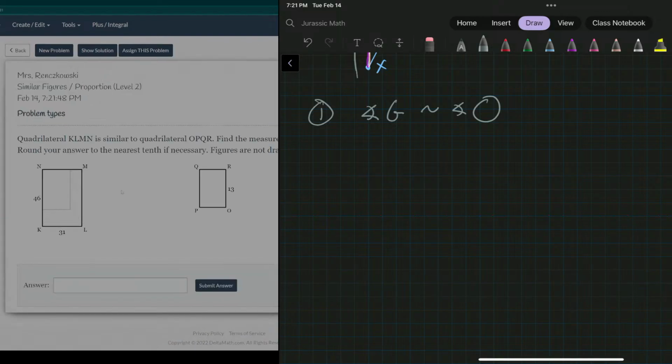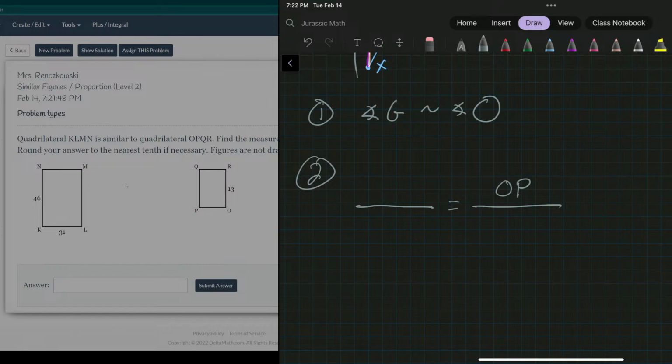Here's a proportion. I like how they have a beautiful picture here. They want to know what OP is. So we have a proportional thing that we can set up. We need to figure out what the heck OP is.